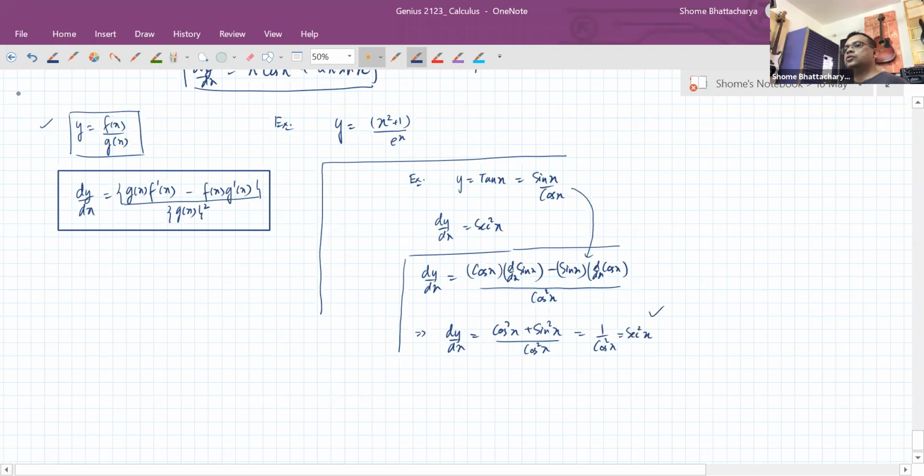This is the quotient rule. Or the division rule. So let's try out this question next.